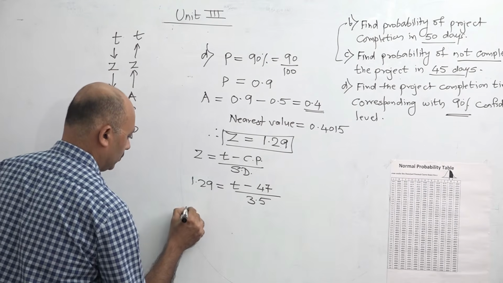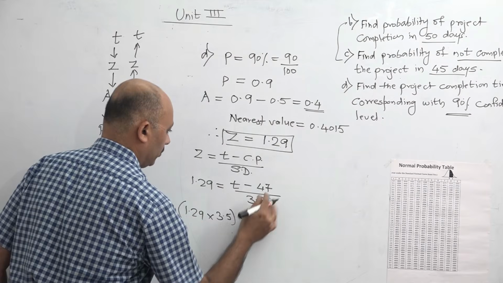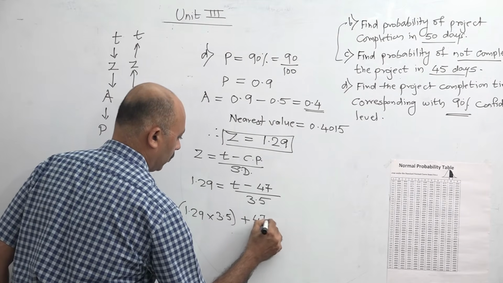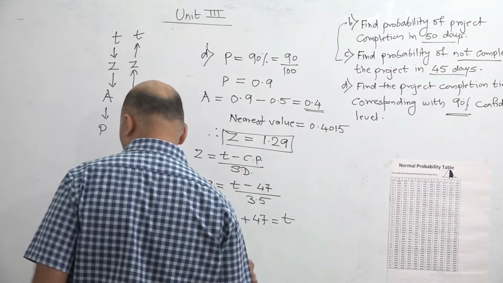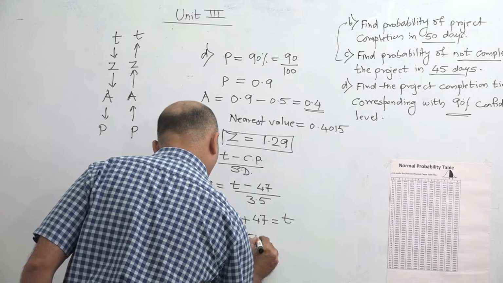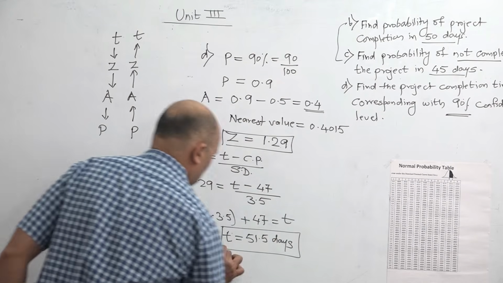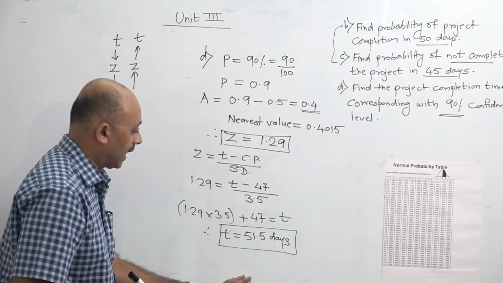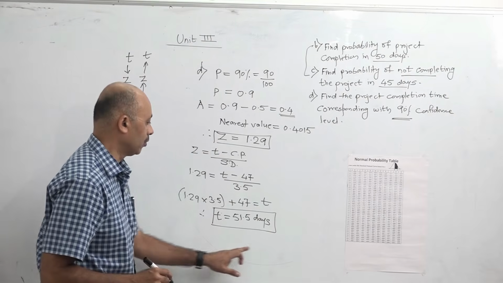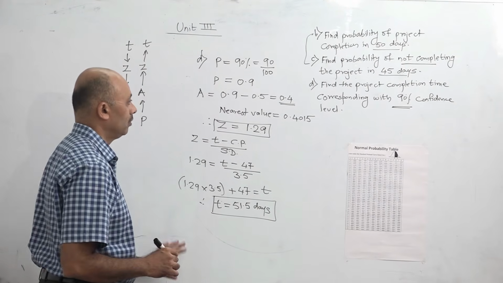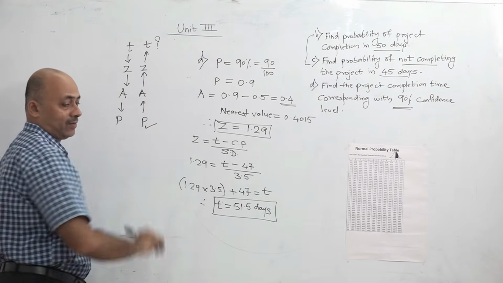So when we simplify this, 1.29 into 3.5 plus 47 is equal to the time, which comes to 51.5 days. So the completion time corresponding to the 90% confidence level is 51.5 days. This is how we solve that reverse question where the probability is given and we have to find the time value.